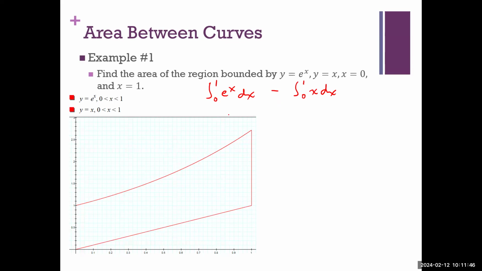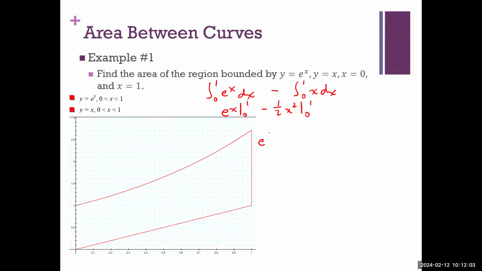What's the antiderivative of e to the x? So this becomes e to the x from 0 to 1. And of x, 1/2 x squared from 0 to 1. So what do I get?